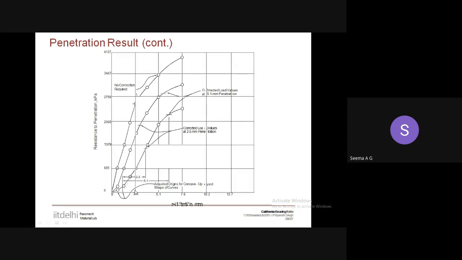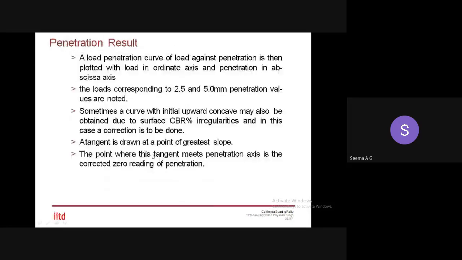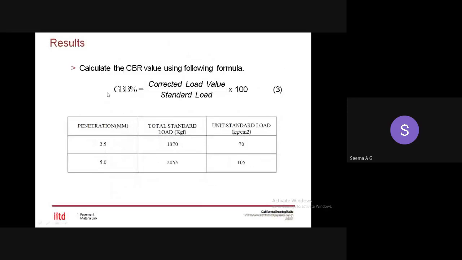Load is taken along the y-axis, and the corresponding penetration along the x-axis. The load corresponding to 2.5 mm penetration and 5 mm penetration is taken, and using those two load values you can compute the CBR values. CBR value is calculated for 2.5 mm penetration and 5 mm penetration.